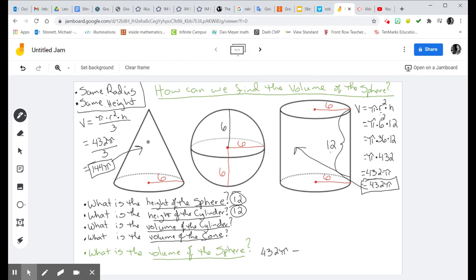That was the amount of water left over on the outside. So we just subtract away the 144 pi here, and that leaves us with 288 pi. 288 pi is the volume of our sphere.